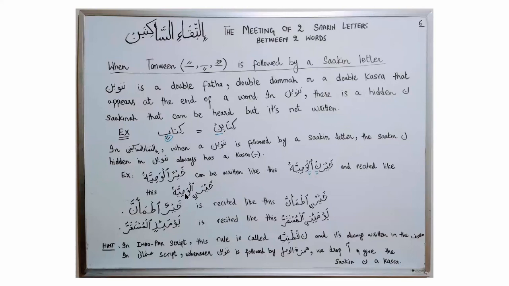In this case, we will give sakin letter noon a kasra and not a dhamma because there is dhammatain. We will say khayrunitma'anna. In this case, letter dal has kasratain. We will say yawma idhinil mustaqarru. Letter noon sakina will always acquire a kasra when tanween is followed by a sakin letter.